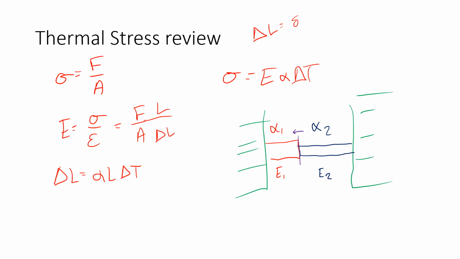So things might not be equal every time, but what will match is your force. The reason why is Newton's third law. If this guy pushes a force on the red one, this one will push a force on the blue one. Equal opposite reactions every time. So that's going to be how we hook these together.